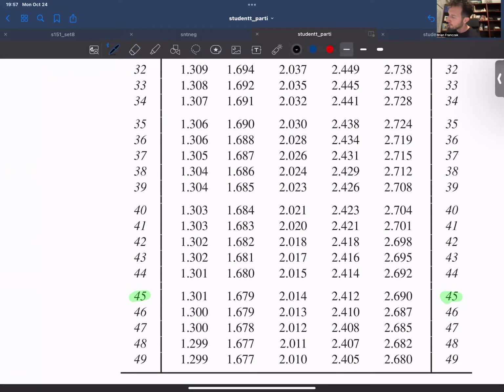I move to the next value. 2.502 is bigger than 2.41, right? But it's less than the next number, which is 2.69. Okay, so that means that our t value, 2.502, is in between 2.412 and 2.690. Okay, so we're in between these two numbers.